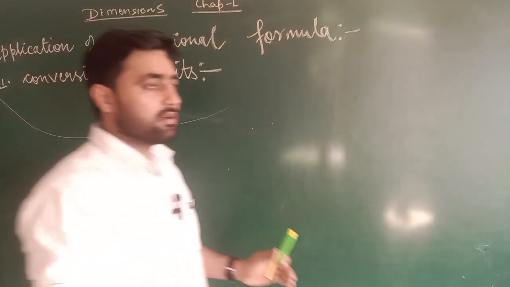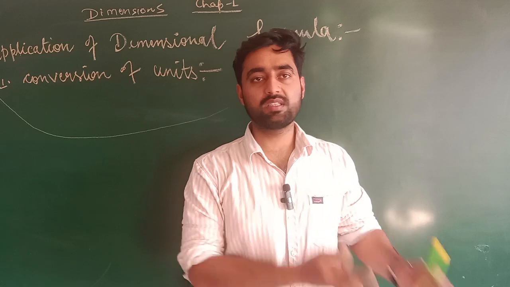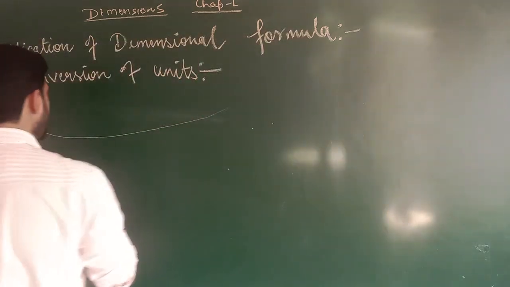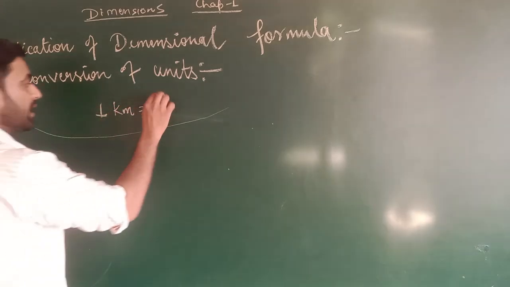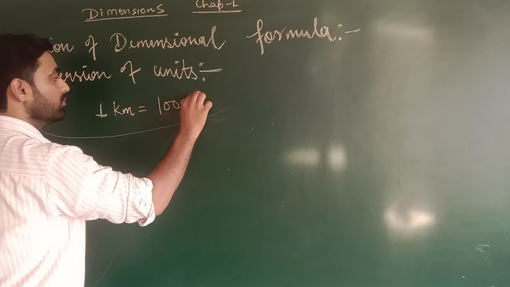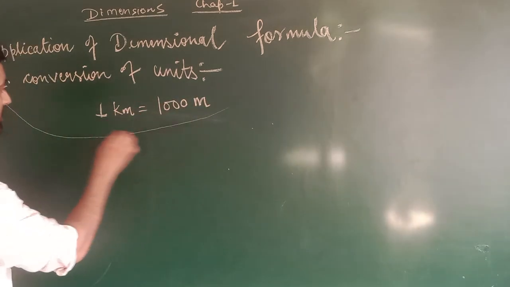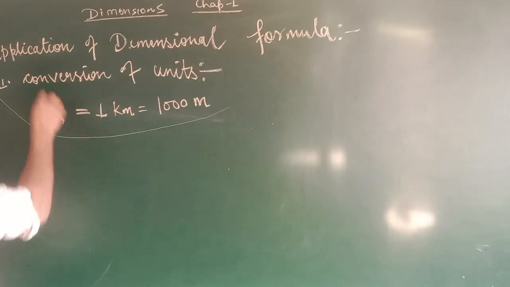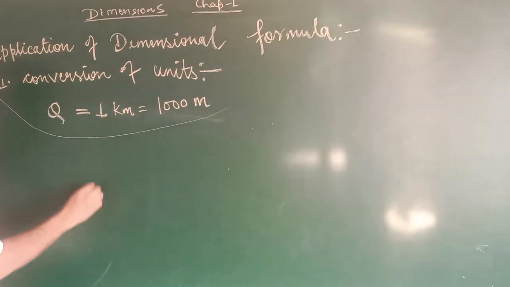See, conversion of units is based on the fact that the quantity remains the same in two different units. Let's say I'm writing 1 kilometer. It can be written as 1000 meters also. The quantities are the same: 1 kilometer and 1000 meters are both the same. So the quantity Q is the same.